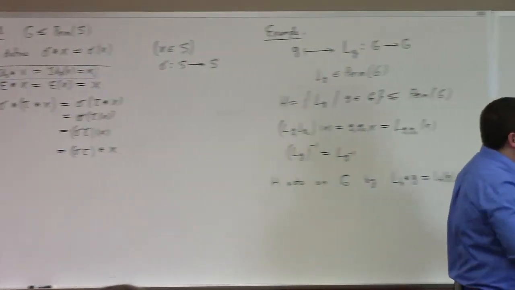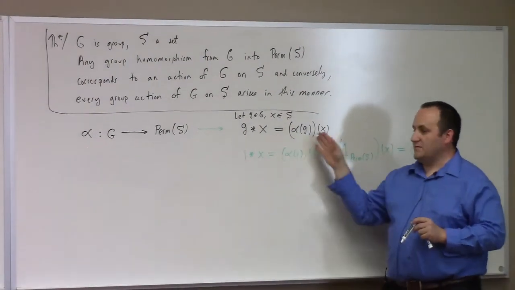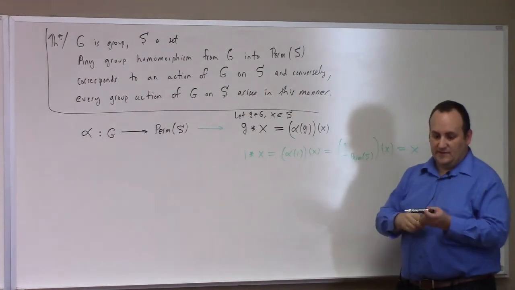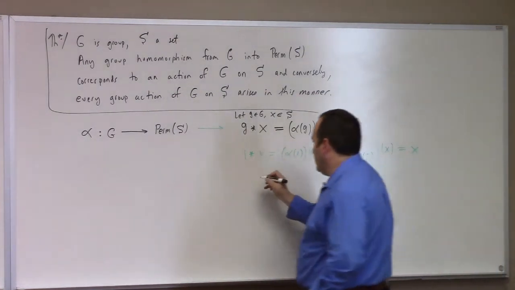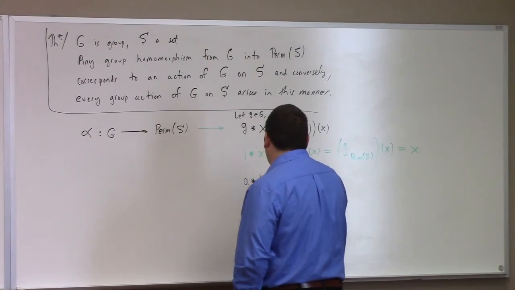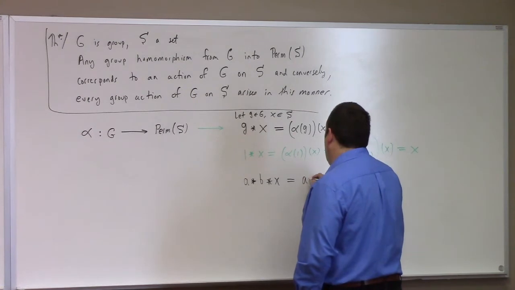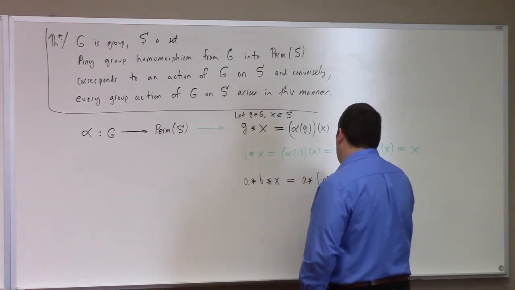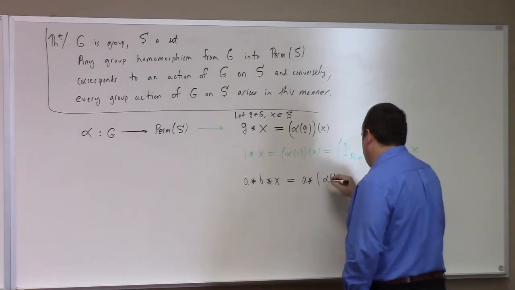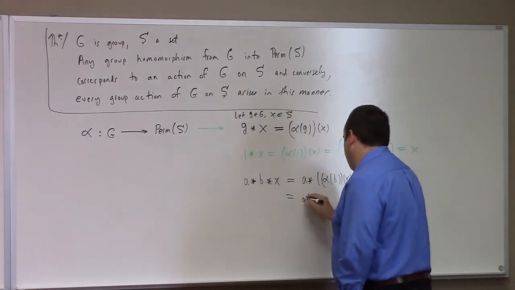Anyway, getting back over to here, 1 acting on X is X, and then what about the associativity? How's that going to go? Associativity. If we have A times B times X, what's that going to be? A times alpha of B of X, which is what?